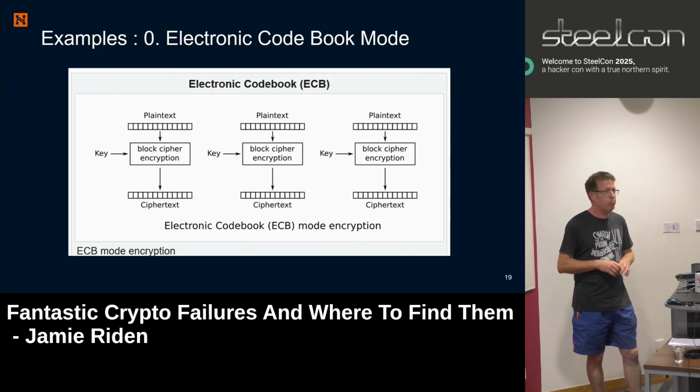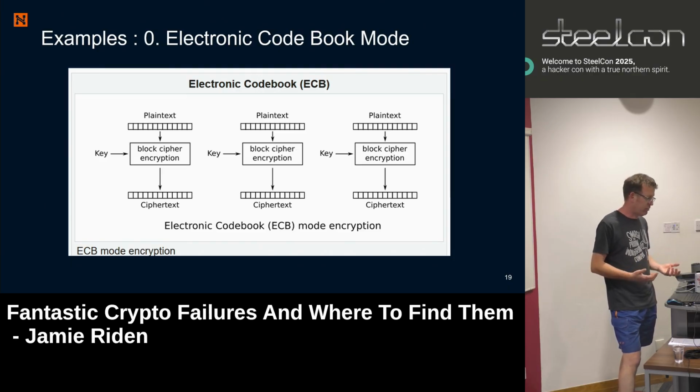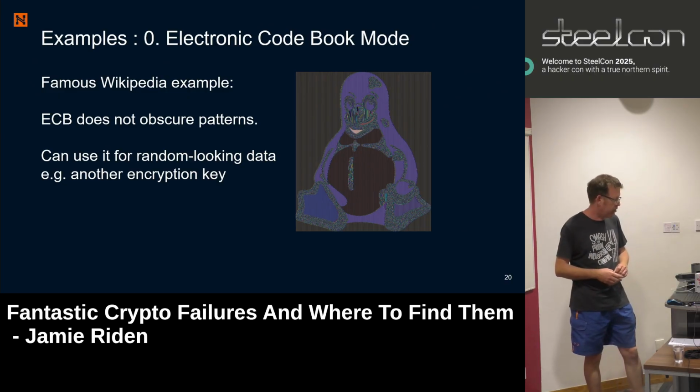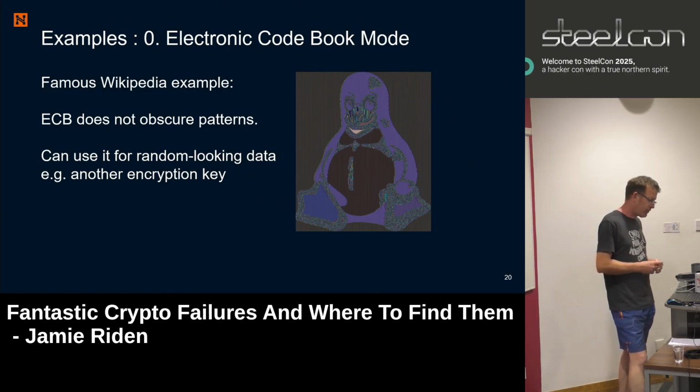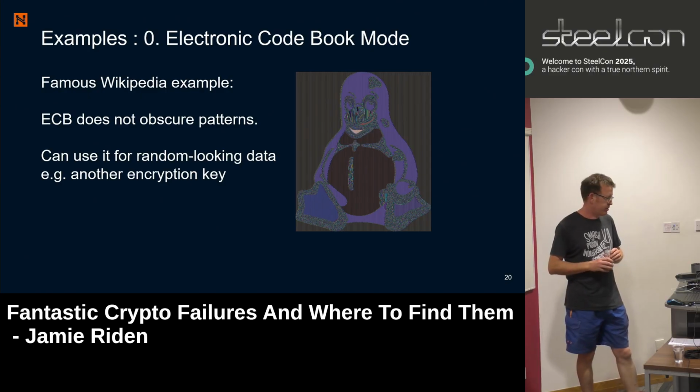That would seem like quite a reasonable way of doing it, but unfortunately most human-generated data has patterns in it of some sort, and this does not really get rid of any of those patterns from the user's point of view. This is the Wikipedia example. That's Tux the penguin encrypted. It's like, well, that's not really good enough for most purposes. If it was a floor plan, it would still be pretty much readable.